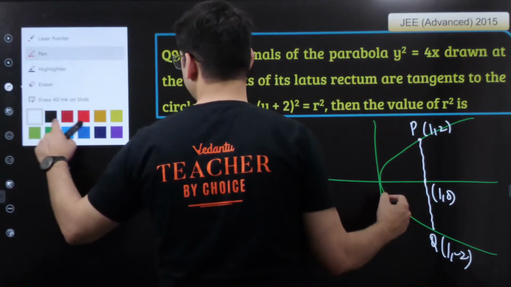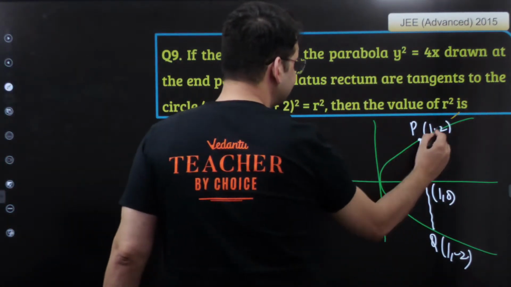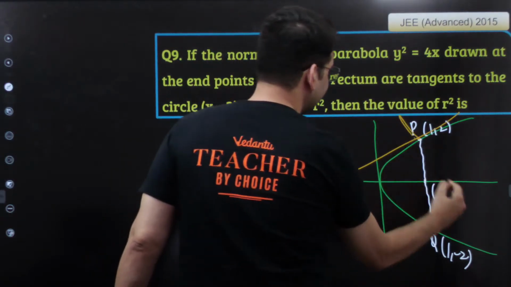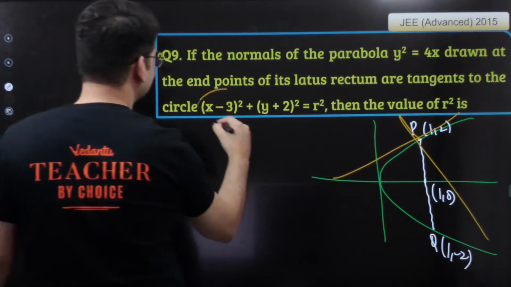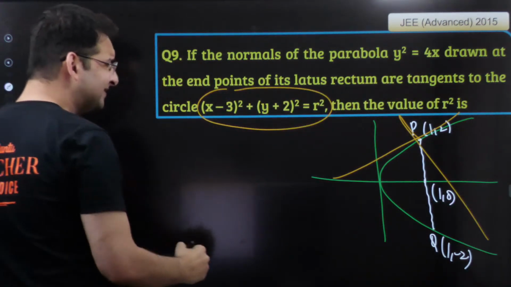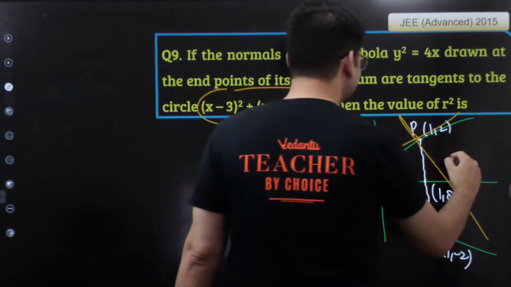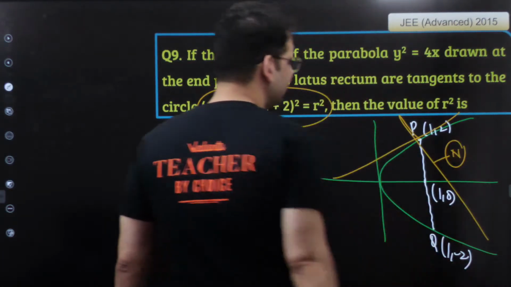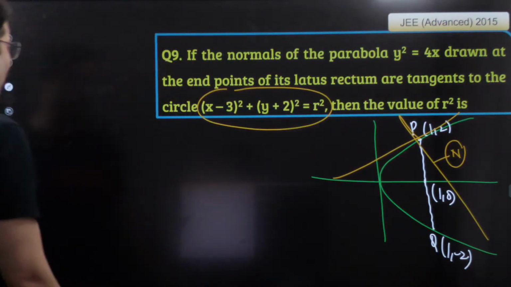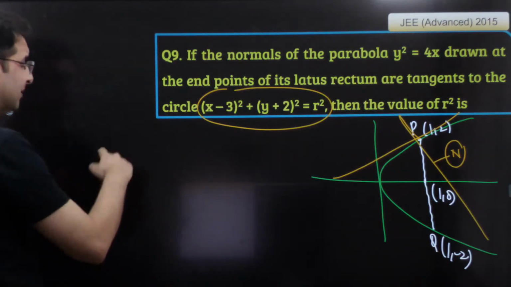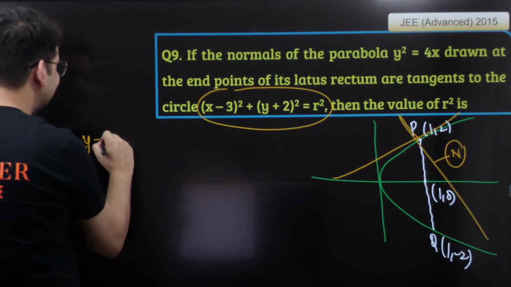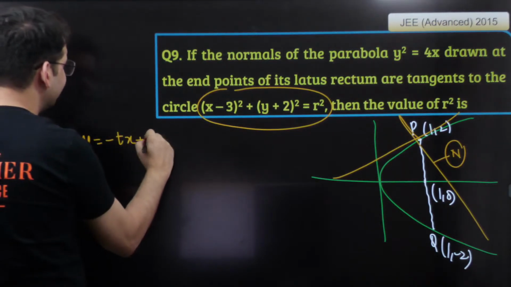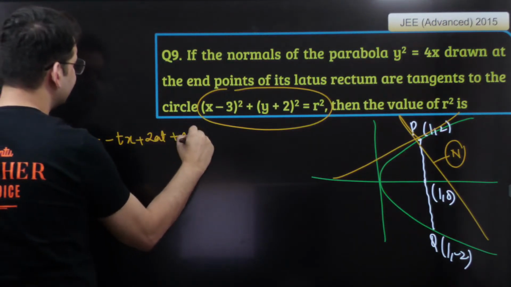Basically, if we draw a normal, this line is a tangent to this circle. So first of all, let us write this normal. What is the way to write the normal? One is the T form, or the slope form. The T form is y is equal to minus tx plus 2at plus at cube.